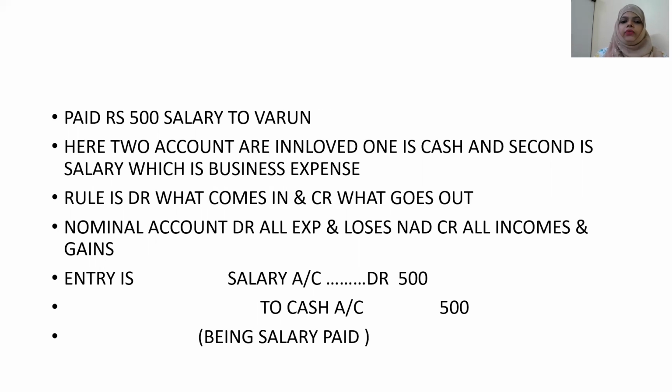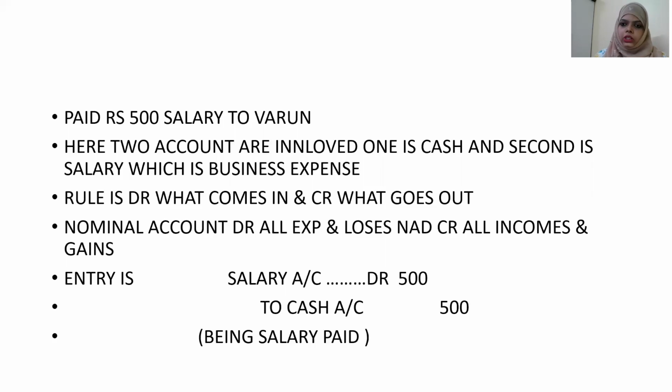Paid salary rupees 500 to Varun. So again here the business expenditure account is involved. The two accounts involved are cash and salary, which is business expenditure. Rule is debit what comes in and credit what goes out. Nominal account, debit all expenses and losses, credit all incomes and gains.